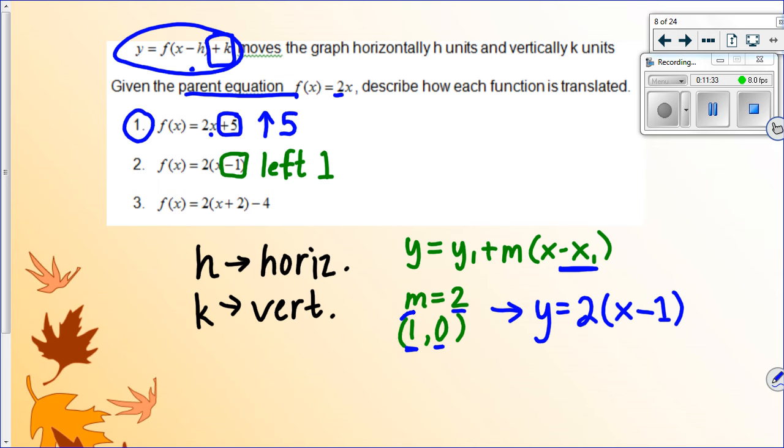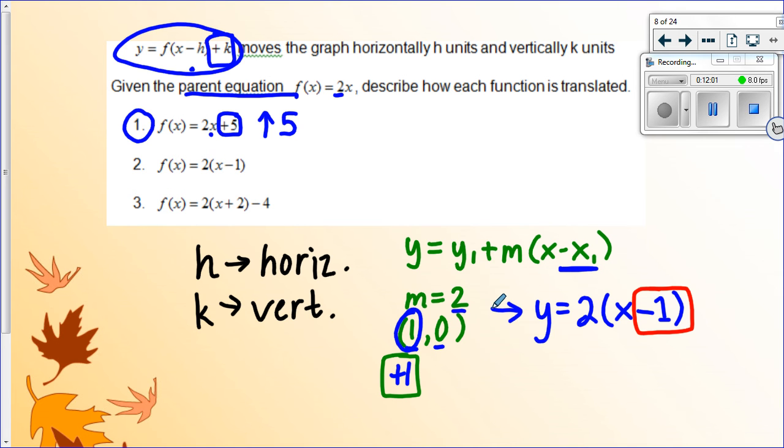Now this is a positive 1, but when I put that in point slope form, notice it says minus 1. So my point is right here in your horizontal translation. If it's a minus 1, it's actually going to be a translation to the right. My point through 1, 0 is positive. So inside of the parentheses, it's the opposite of what you would think. That's actually a translation right.